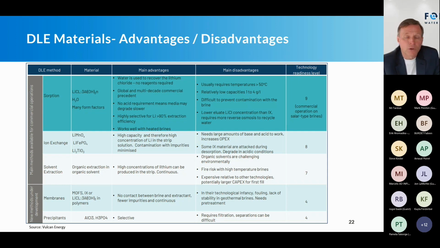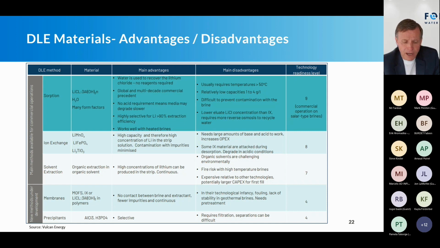So, of course, water being a lot more environmentally friendly, that's great. There are a lot of processes or ways that we can take that water, clean it up, and reuse it back in the process. And particularly in South America, that's where the majority of the lithium reserves are located.